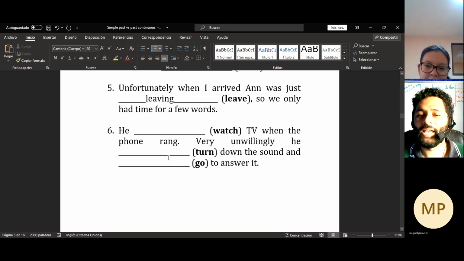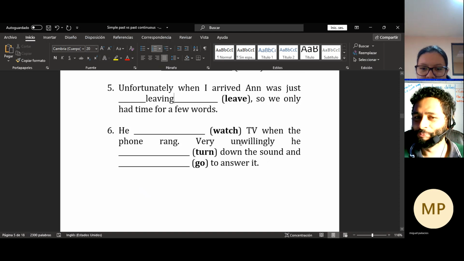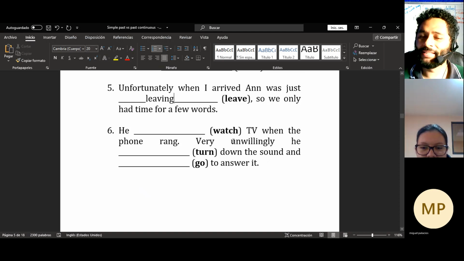Exactly. Ahora, very unwillingly. What is very unwillingly? Como sin conocimiento, sin... Más bien es de querer. Sin querer hacerlo, así a regañadientes. Very unwilling. Entonces, okay.